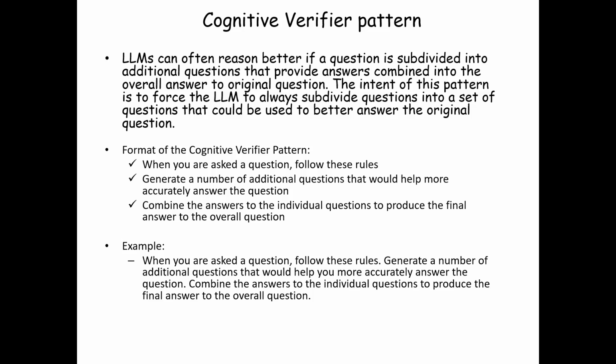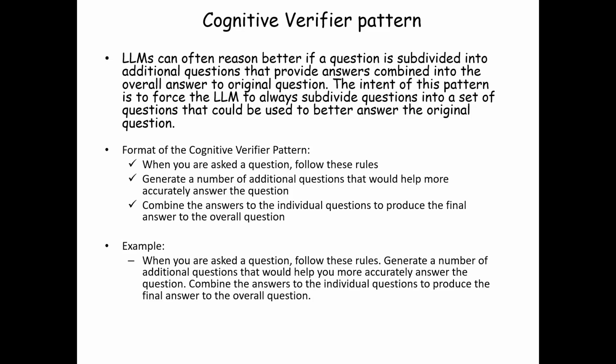So we can use the following format to apply this pattern. You can type in ChatGPT, when you ask a question, follow these rules: generate a number of additional questions that would help you more accurately answer the question, and combine the answers to the individual questions to produce the final answer to the overall question.